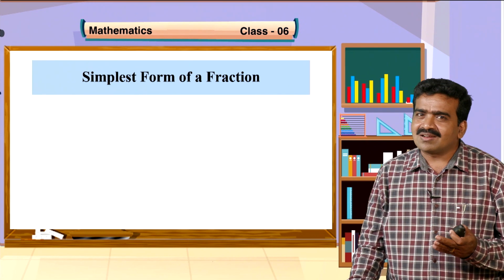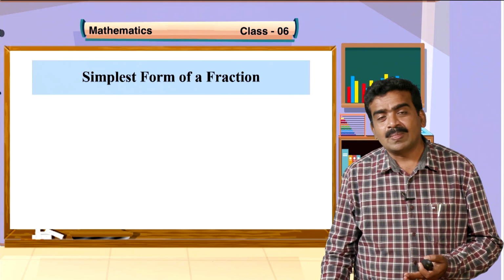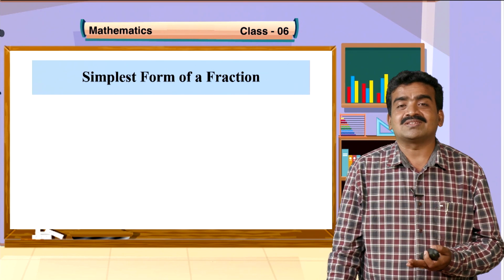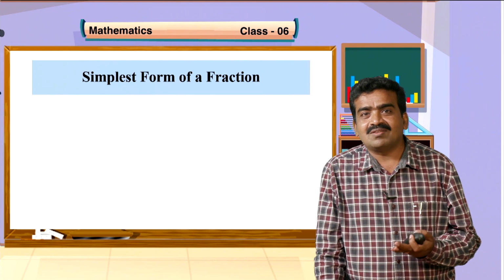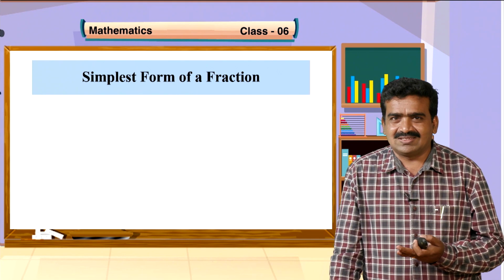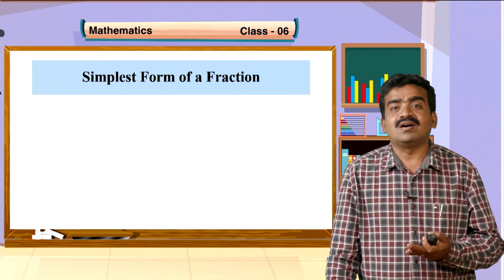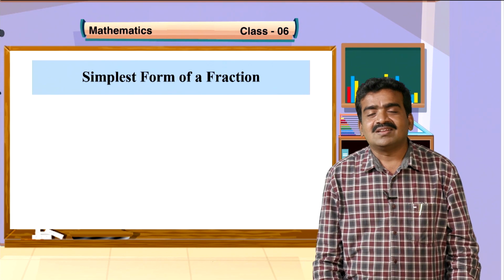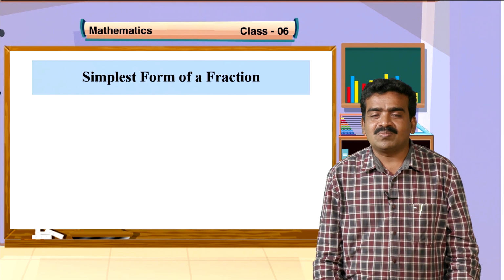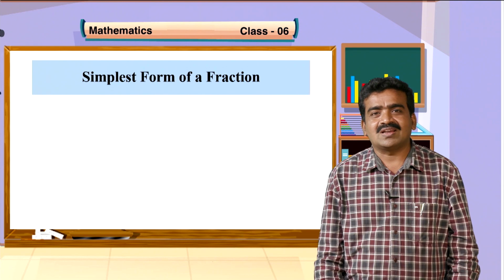Some fractions are already in simplest form and cannot be simplified, but some fractions can be expressed in simplest form, because if the numerator and denominator have the same multiples, or if they have a common HCF, highest common factor, then we can simplify the numerator and denominator and express the fraction in simplest form.